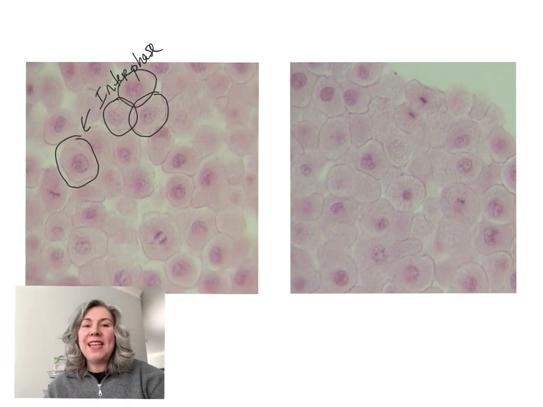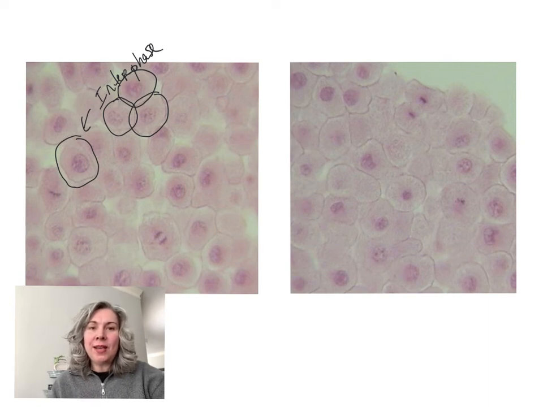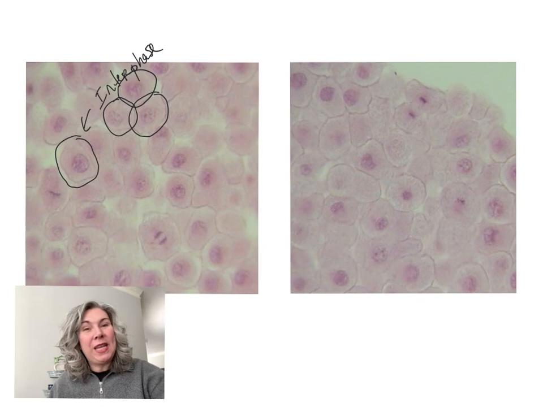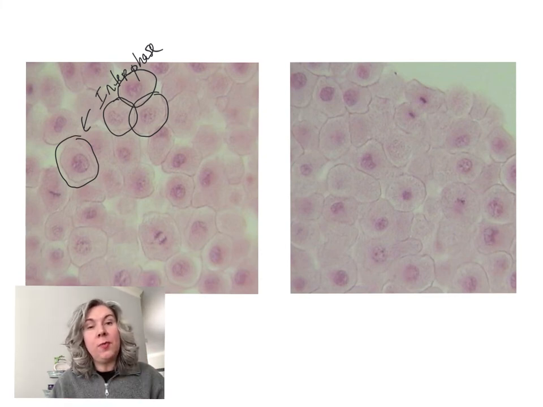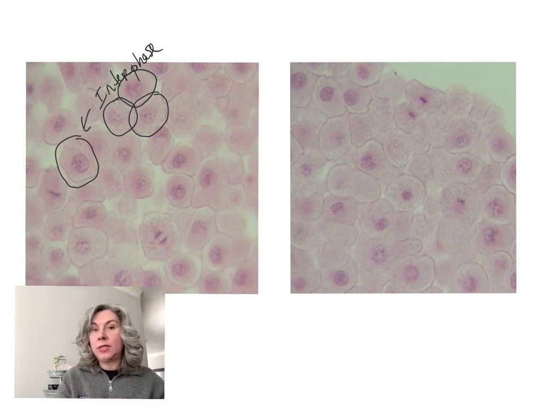Remember that interphase is the longest stage of the cell cycle, so the majority of cells that you see under a microscope are going to be in interphase. You're looking for a nuclear envelope intact and little grainy dots on the inside, which is going to be the chromatin.